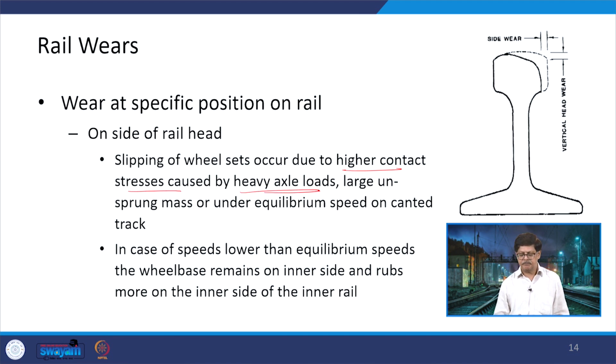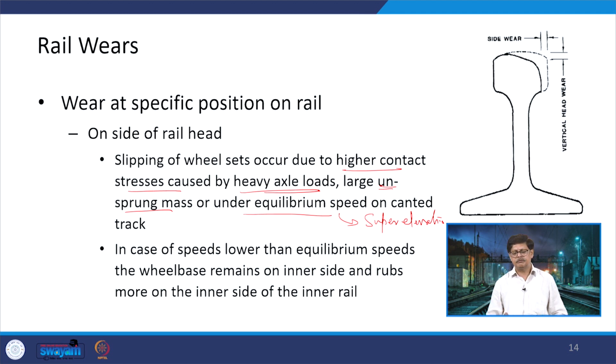Another thing which can happen is there is a possibility of unsprung masses, or when the train is moving at a speed which is less than the equilibrium speed. When we say equilibrium speed, it is correlated with the super elevation. So, on a curved track where the super elevation related speed is not there, what will happen?